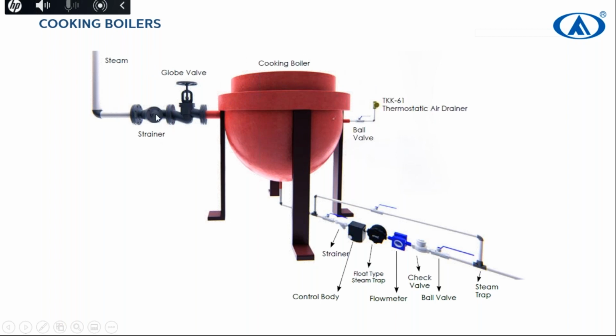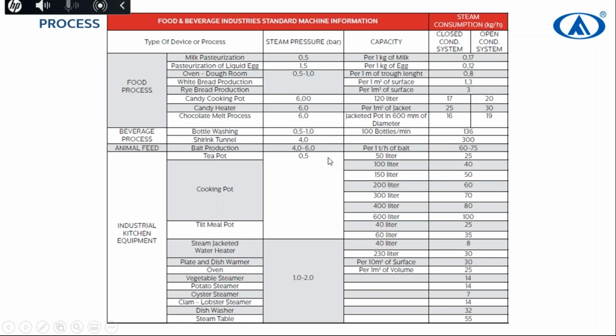And when they cut it, what will be? There will be vacuum. To prevent this vacuum, you need to use a vacuum breaker, and after a short time, they will open it again. To prevent this air, what you need to do is use an air drainer. So you need to use a vacuum breaker and air drainer both in the cooking boilers.